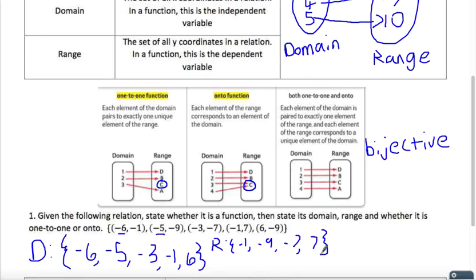The way we can tell if it's a function is if any of the x values repeat. And since we have -6, -5, -3, -1, 6, none repeat, so it is a function.